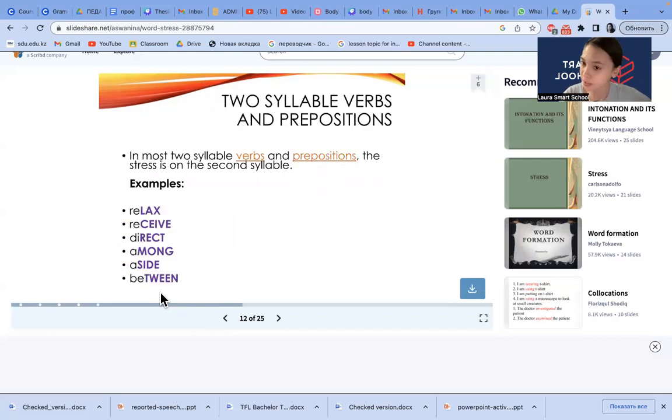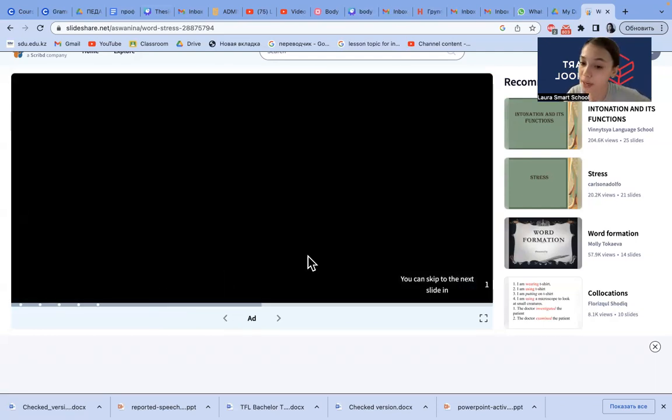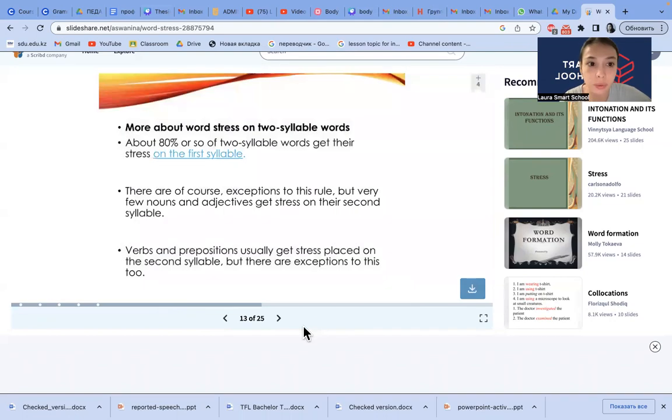Let's look at the next rule. In most two-syllable verbs and prepositions, the stress is on the second syllable. For example: relax. But if I stress it differently, it sounds like something else, right? Receive, redirect, among, aside, between. Let's move to the next one.